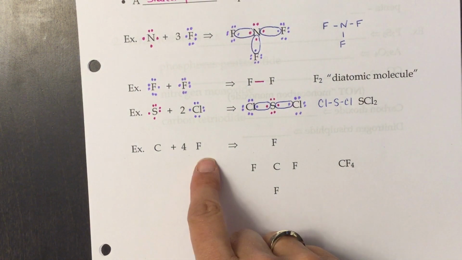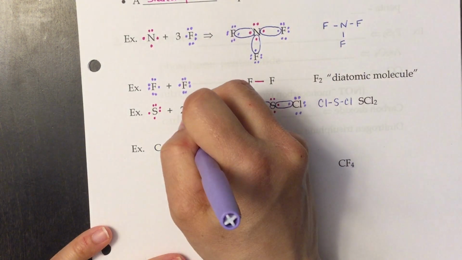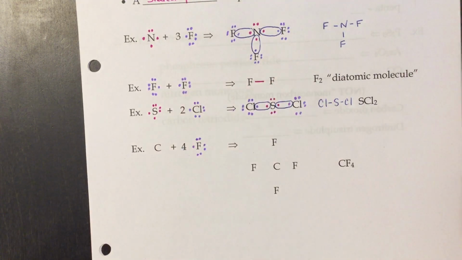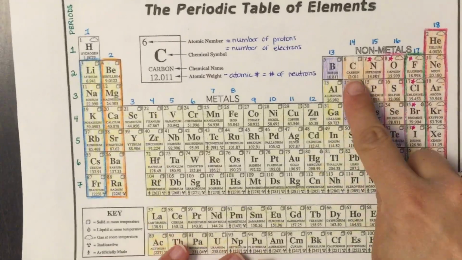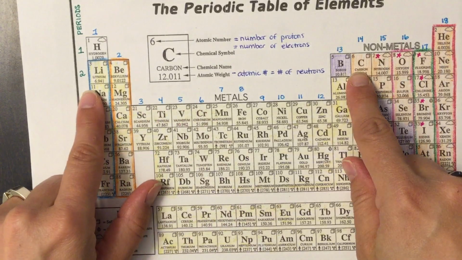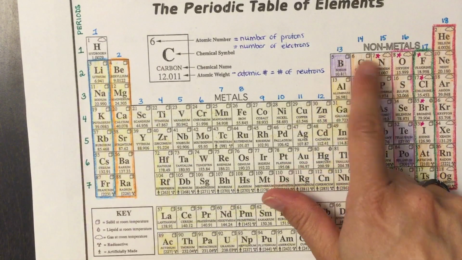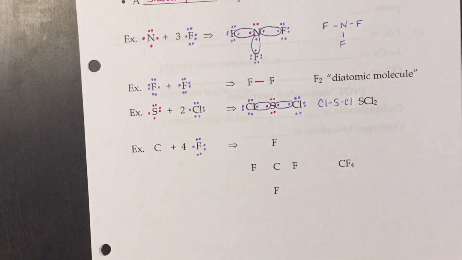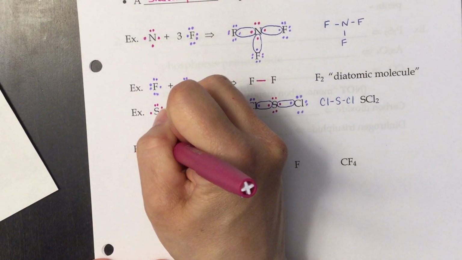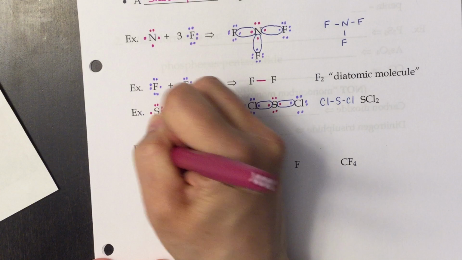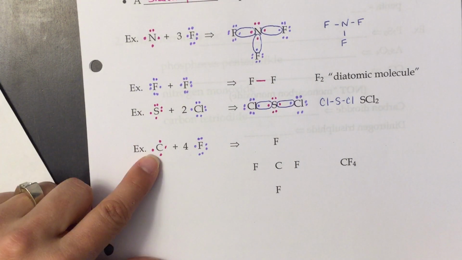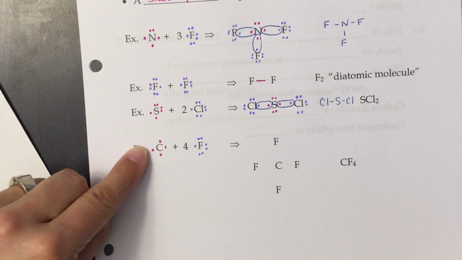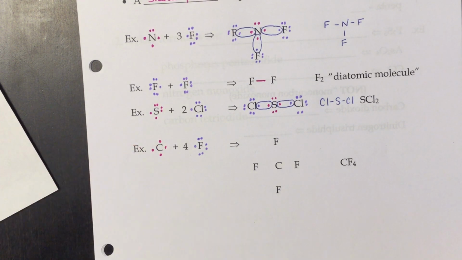And then we have carbon and fluorine. Well, fluorine we already know has 7 valence electrons. And carbon has, let's see, there it is. Back it up. 1, 2, 3, 4. Carbon has 4 valence electrons. So in order for carbon to become stable like neon, it needs another 4 valence electrons to get 8.